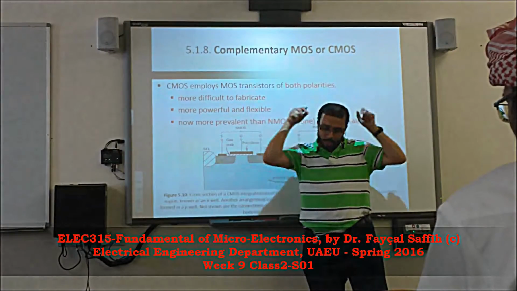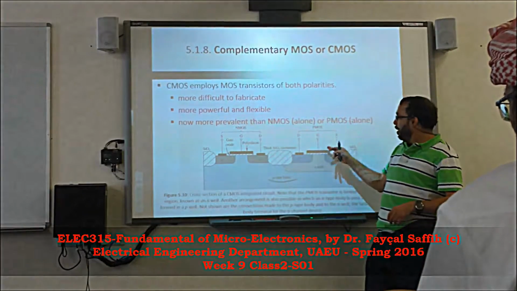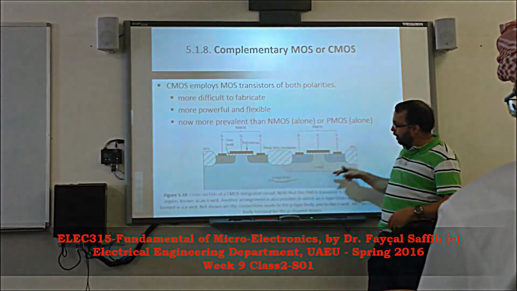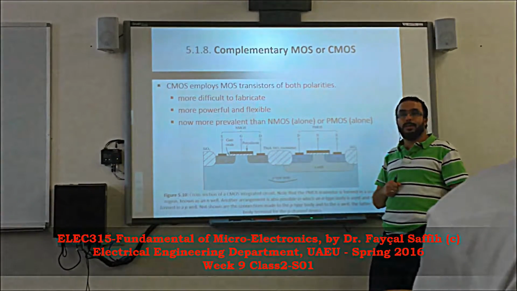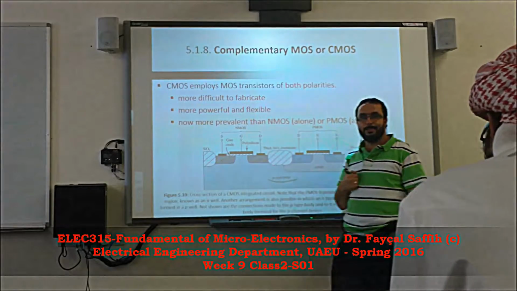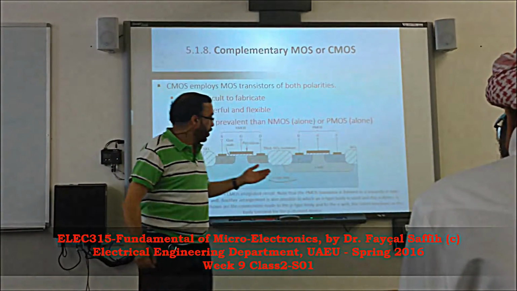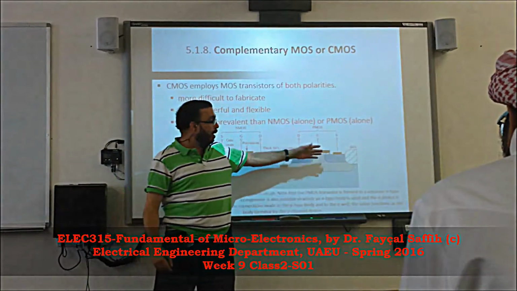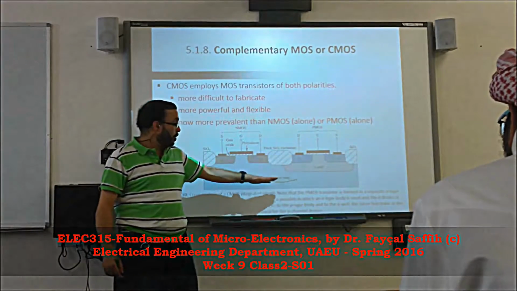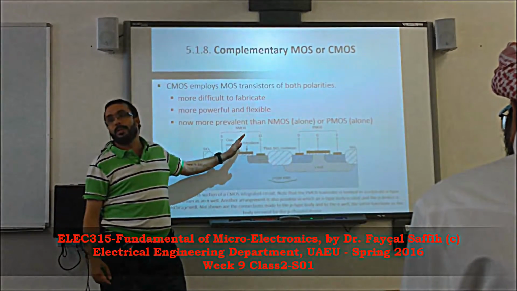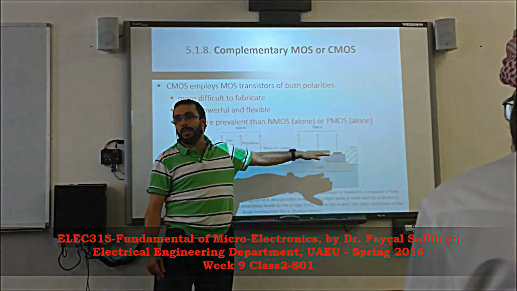We can put the PMOS on them. Now I can create an N well here so that I can put the PMOS. That's how it works. Now on the same chip we have both. But without an N well, I cannot put it, because the substrate works for only one. For the other one I have to put a well.